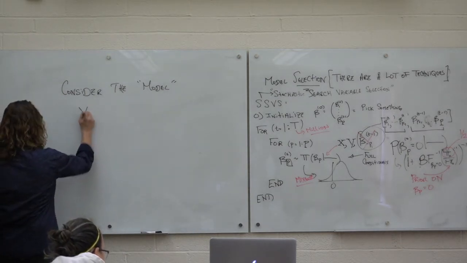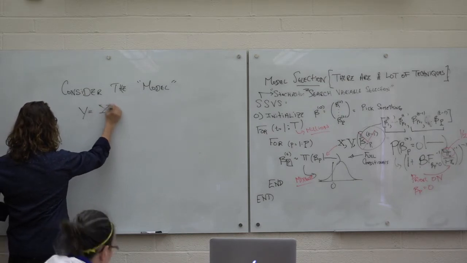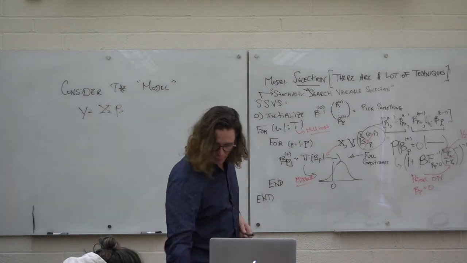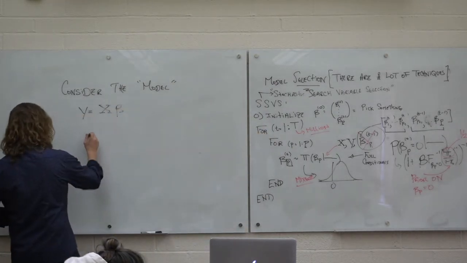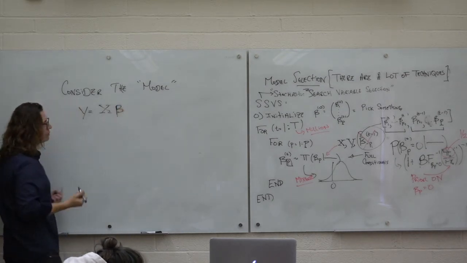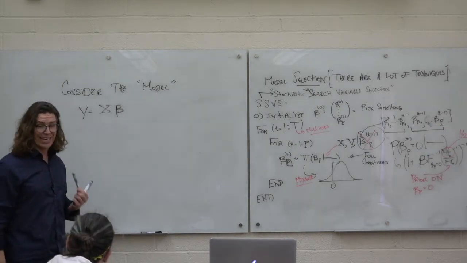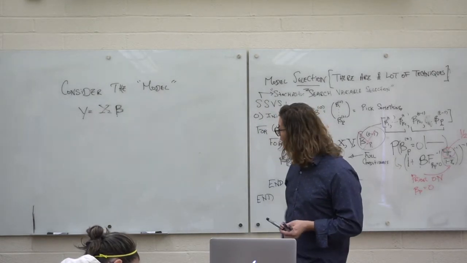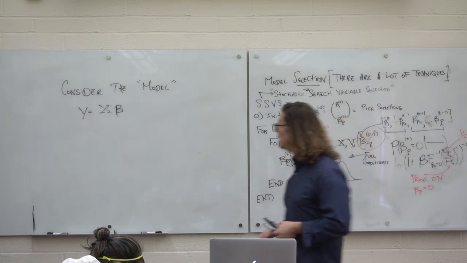So let's say I've got y is equal to x beta, same model. One possible solution to find those betas is looking at x transpose x inverse x transpose y.